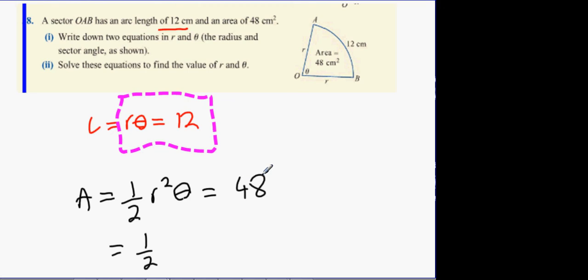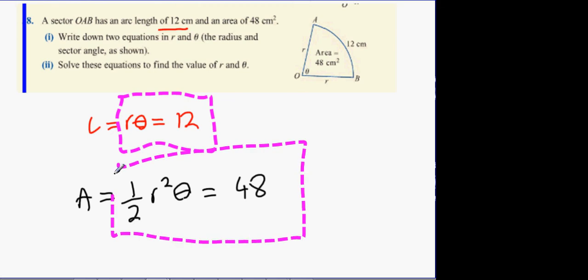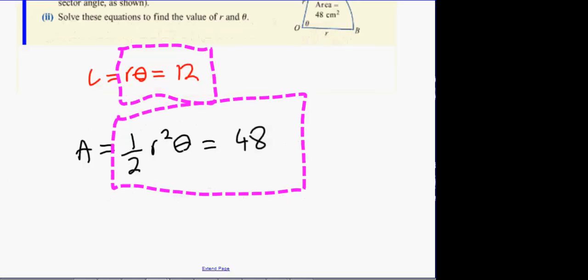Now, we have a trick here, okay? I've got to show you what it is. We've written down both equations, as shown. Now, what does r squared theta actually mean? It means a half r times r theta equals 48.